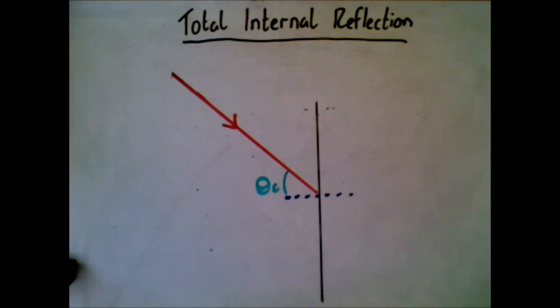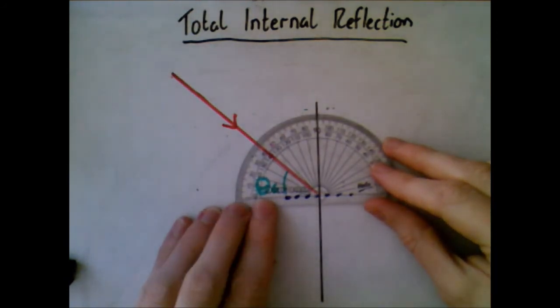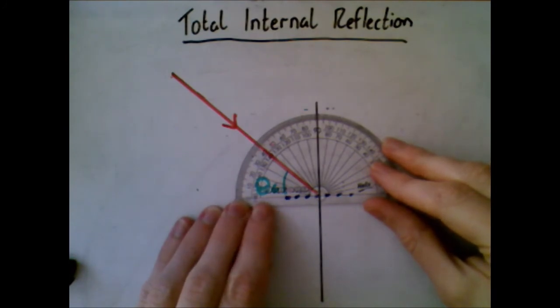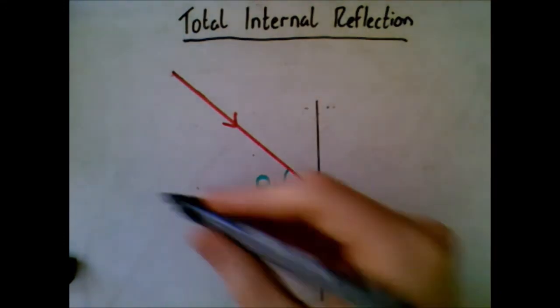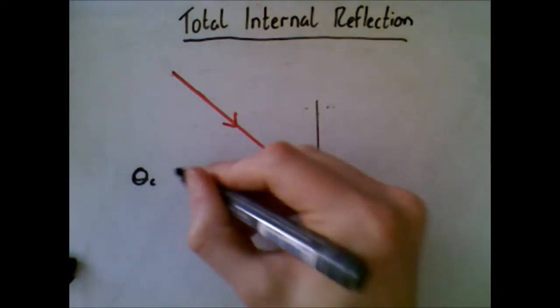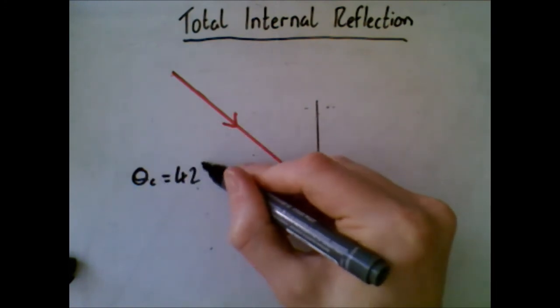Right, again now it's not going to be really accurate because I'm doing it with a whiteboard pen, but this is a lot easier than last time. So that is around about, we can even be a bit more accurate this time, let's say that is about 42 degrees. Right, and typically that is what a critical angle will be around about. So theta C is 42 degrees.